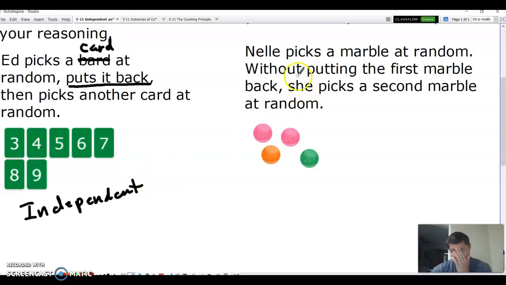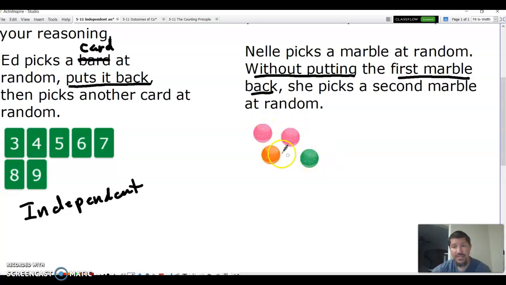Alright, so here's another one. Nell picks a marble at random without putting the first marble back. She picks a second marble at random. So right now she's got 4 marbles, 2 pink, right? So initial probabilities: pink 2 in 4, orange 1 in 4, green 1 in 4. So if she doesn't put the first marble back, no matter what, if it was a pink, she's dropped her pink probability to 1 in 3.